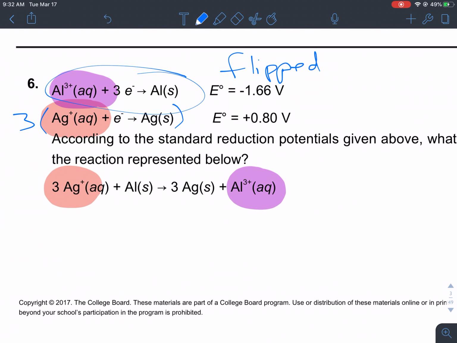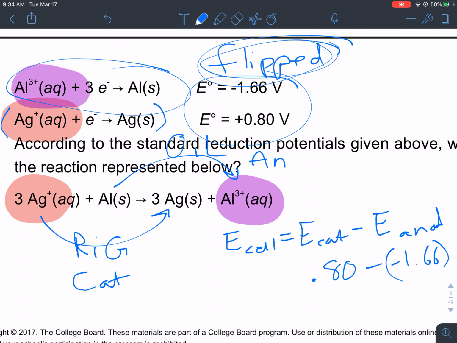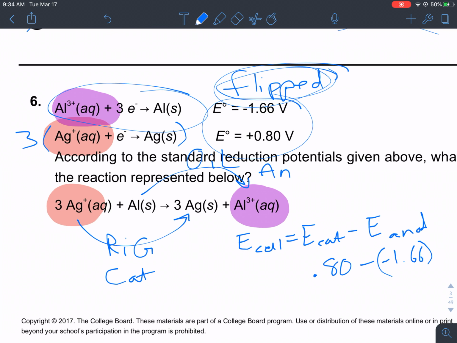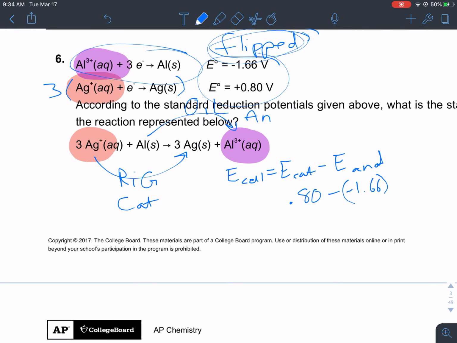Don't make this positive, don't change it, even though it flipped. So E cat minus E an, you're going to add those numbers together. That's going to become 0.80 plus 1.66. That's the key, that this negative became positive. So your answer is going to become positive, and it's going to be over 2. The answer is D.